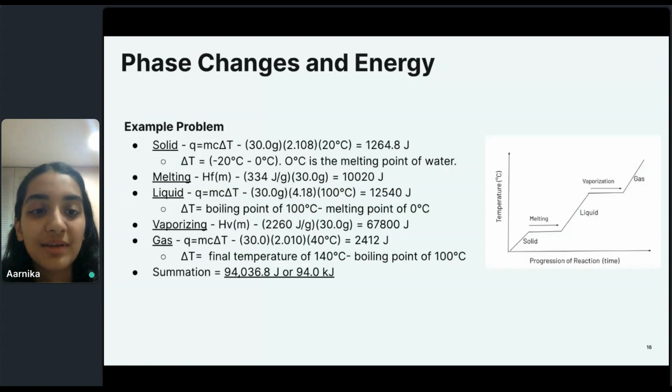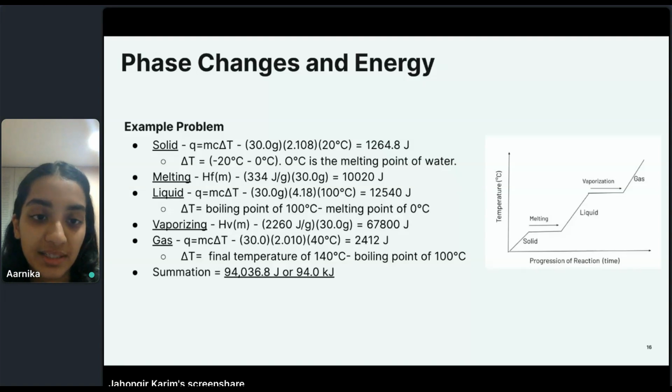Okay, so to solve it, you need to account for all the different changes in state. So you have the solid, the melting, the liquid, the vaporizing, and the gas. For the solid, liquid, and gas states, you want to use your Q equals mCΔT formula. Let's take solid, for example. To find Q, you do 30 grams, which you're already given for the mass, times 2.108, which is the specific heat you're given, times 20 degrees Celsius.